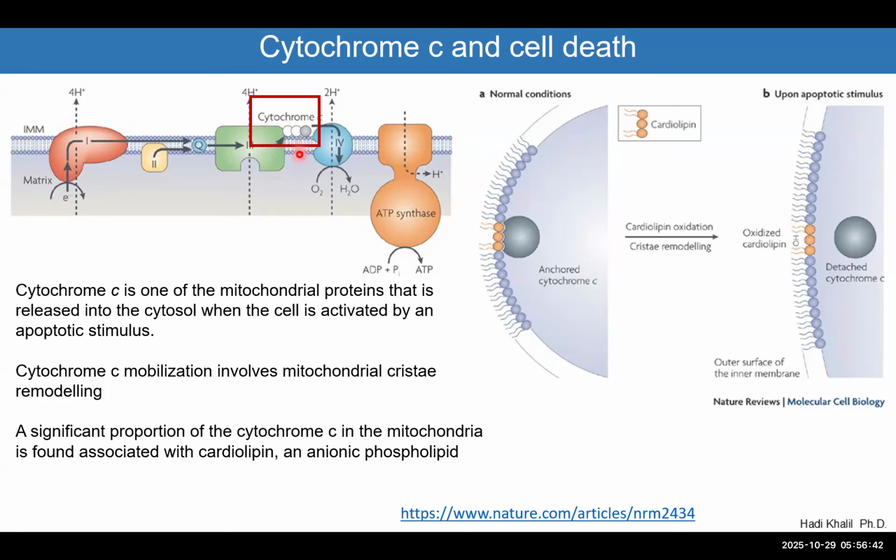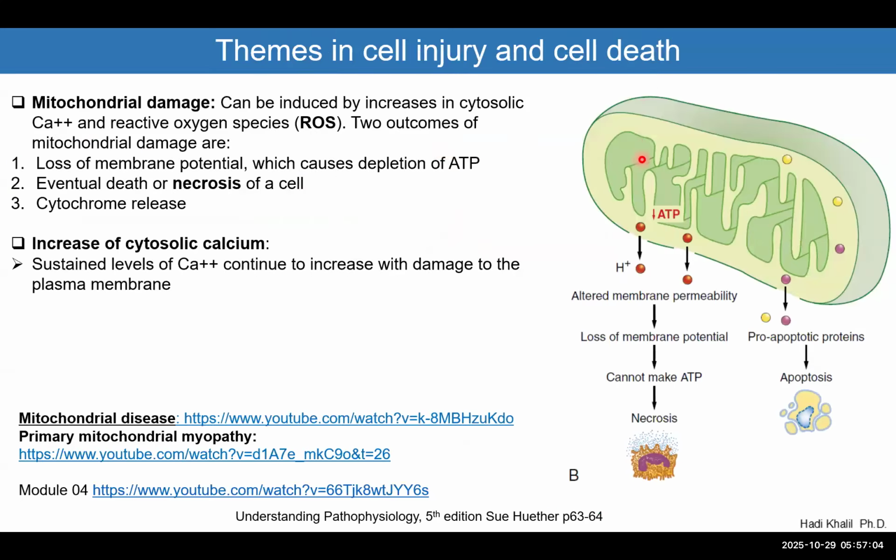Whenever there is an issue with the mitochondrial membrane integrity, cytochrome C will be released. So cytochrome C mobilization involves mitochondrial cristae remodeling. Like we like to draw things nicely, so it's drawn like a straight line here. Obviously, the mitochondria is not like that. These are the cristae of the mitochondria, so it's really compact.